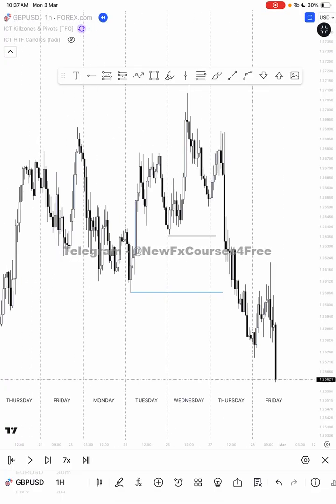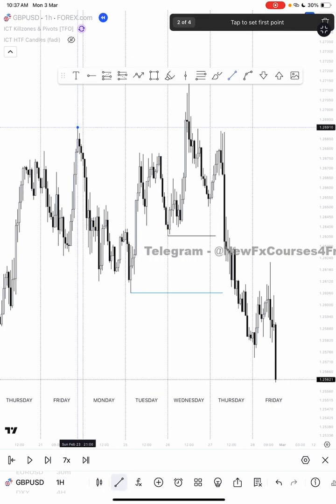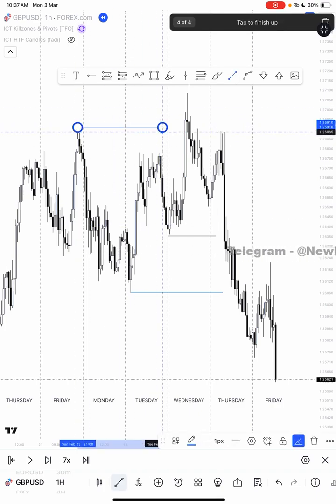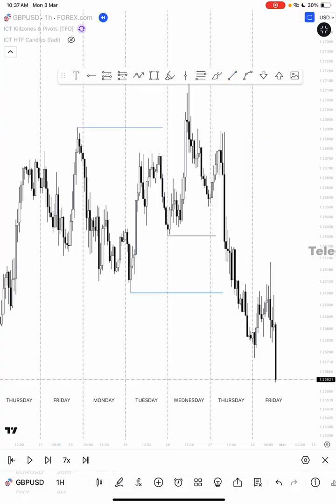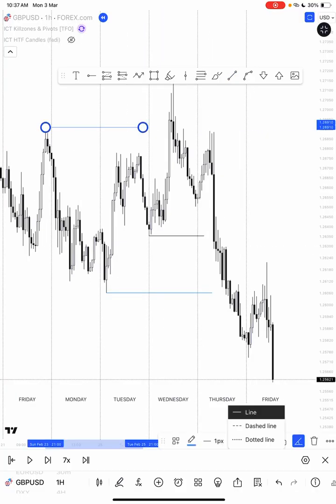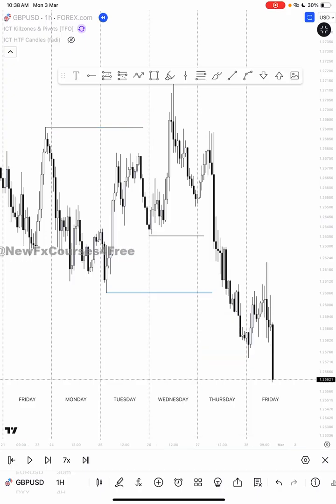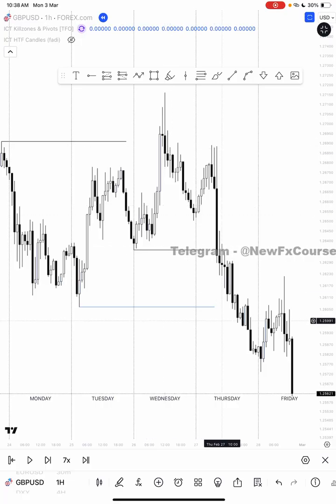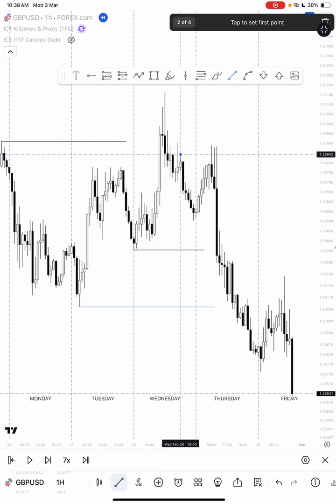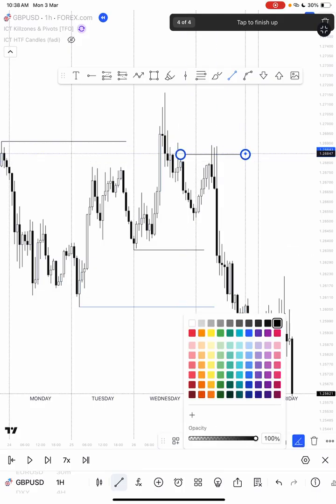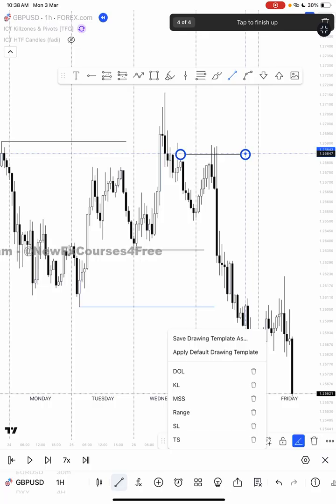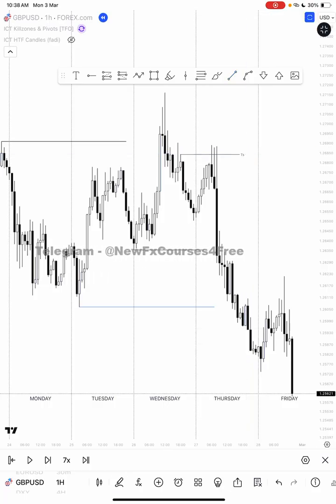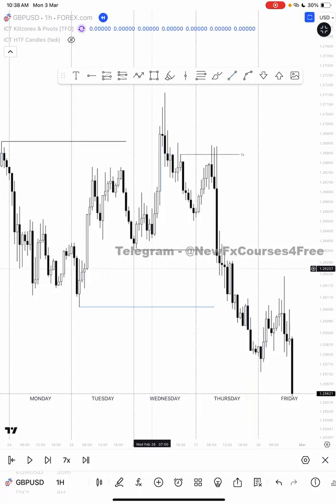So here we got a sweep of this Monday's range high candle, then Wednesday close back into the range, Thursday continuation, sweeping our previous day low, which is your Wednesday's low.